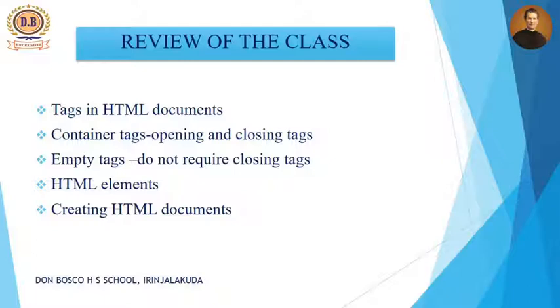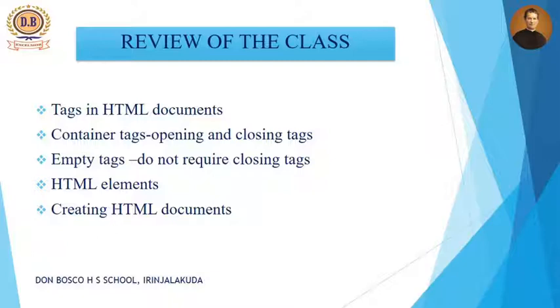A container tag has an opening section and a closing section. An empty tag has only an opening section, with no closing section. Examples are img, hr, br; these are examples of empty tags. Then the elements of HTML: html, head, title, body. These are the elements of HTML.